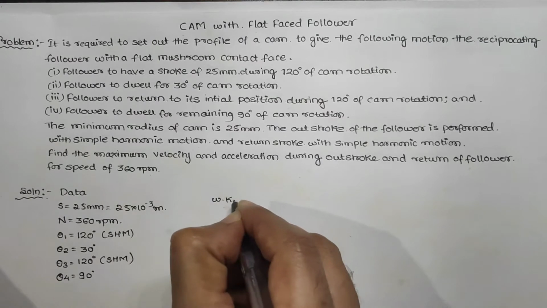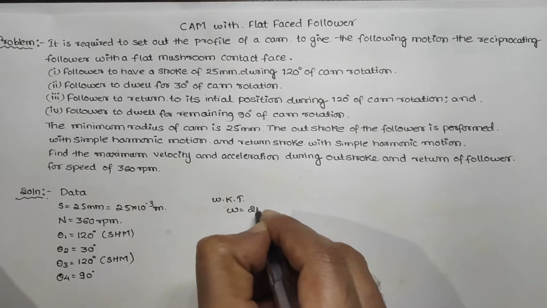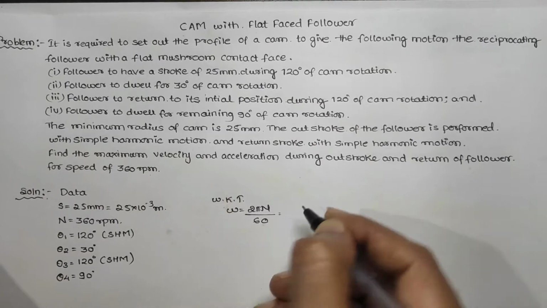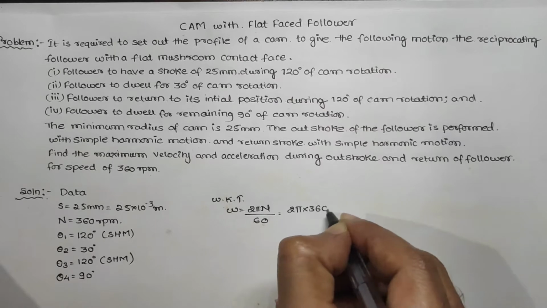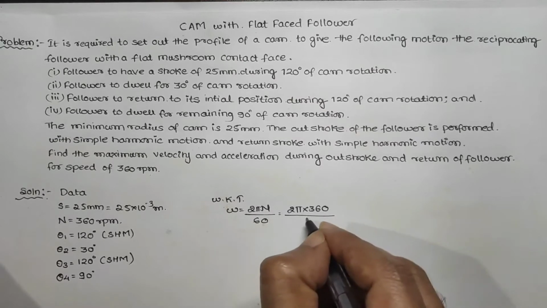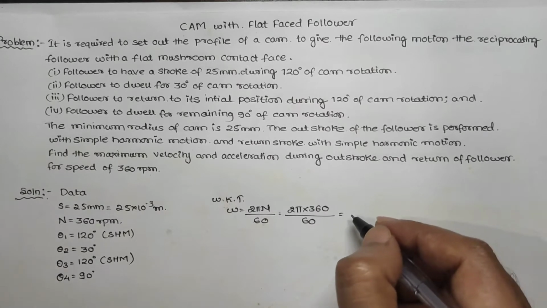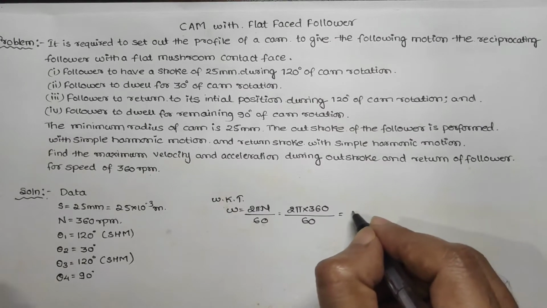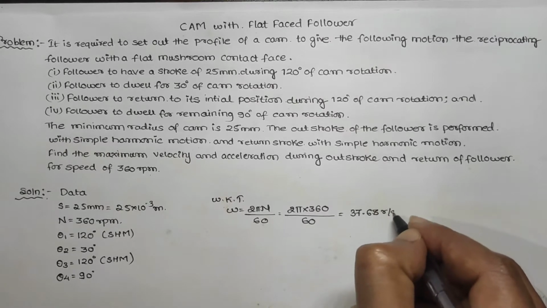As we know that omega equal to 2 pi N divided by 60. So 2 pi N, 360 whole by 60, we will get the value, as we had done in similar problems earlier, 37.68 radians per second.